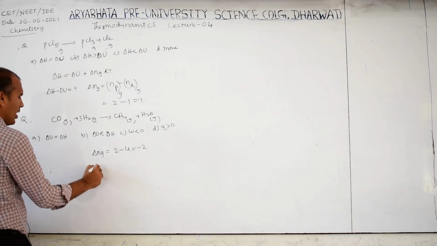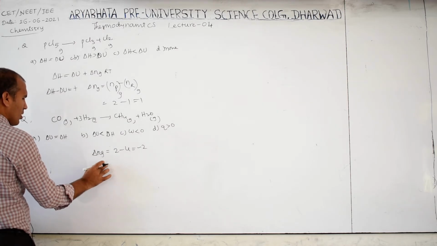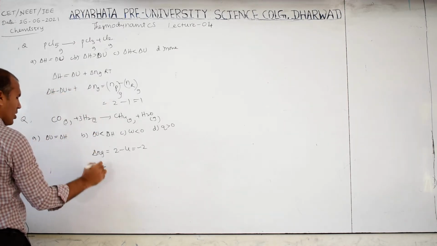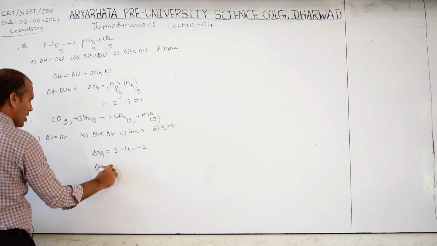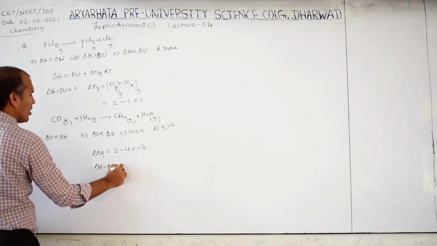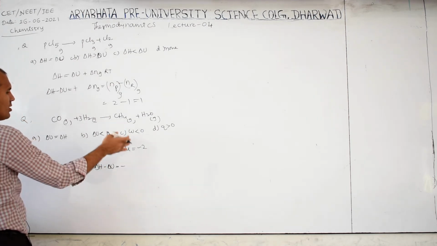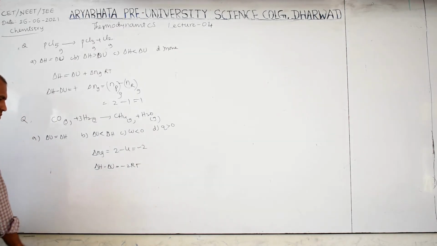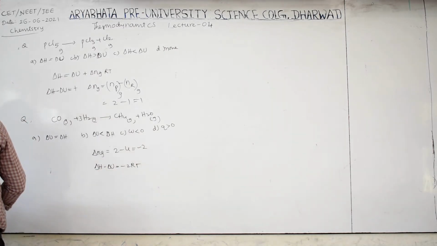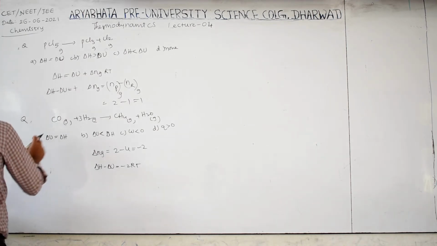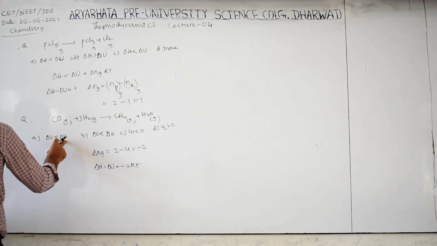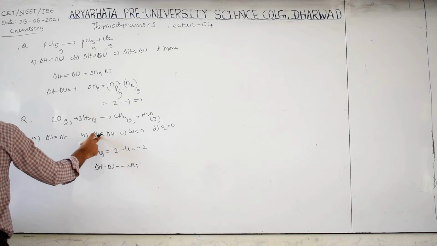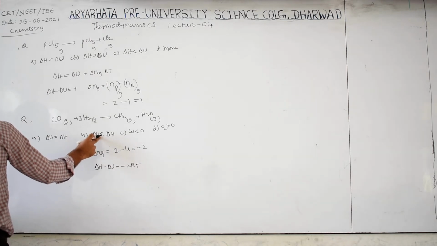Then delta H minus delta U is equal to delta Ng RT, which is minus 2RT. Okay. Therefore, which options are given? Delta U is equal to delta H, delta U is less than delta, sorry, I wrote wrong here.